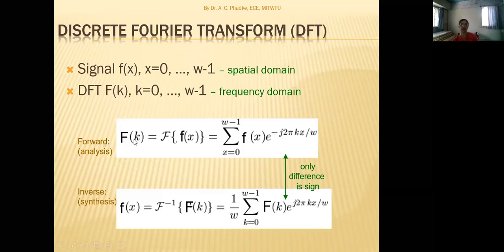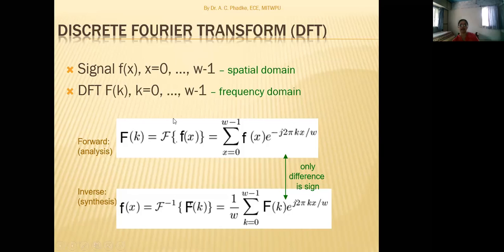You can determine the forward transform F(k) as summation x runs from 0 to w minus 1 of f(x) e raised to minus j 2 pi kx by w, and this term e raised to minus j 2 pi kx by w is nothing but the forward transformation kernel g(x, k).